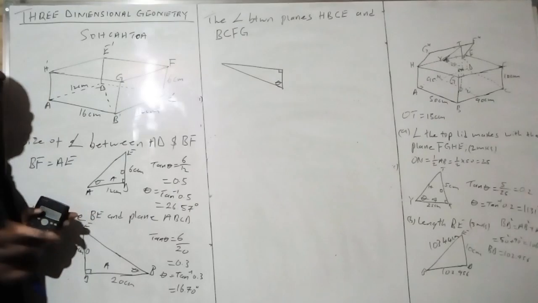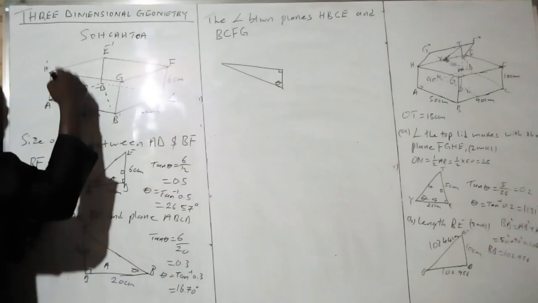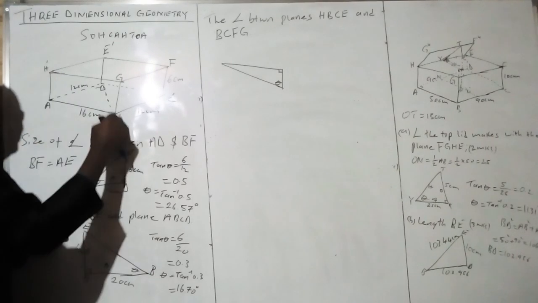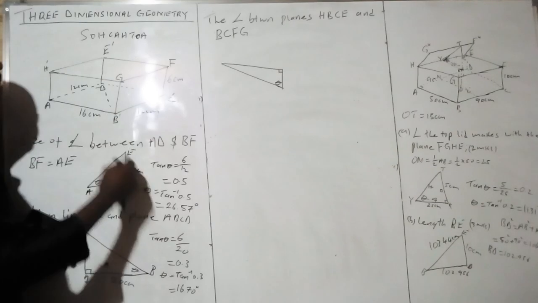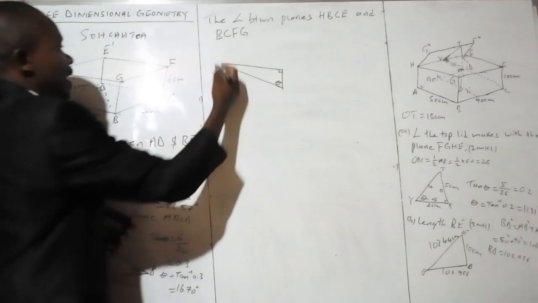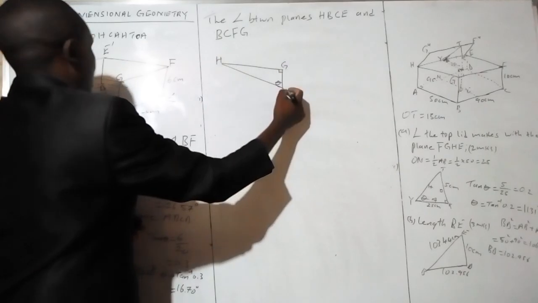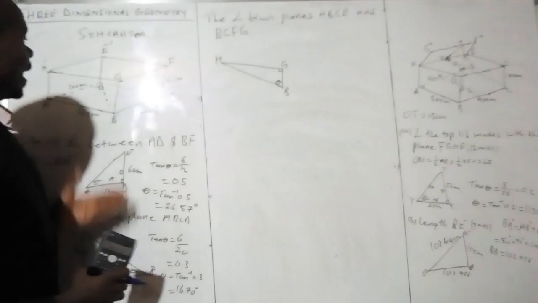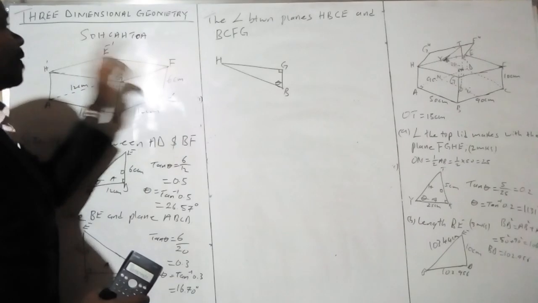Triangle HAB side, then triangle HGB aside. So we can say H, G, B, like that. And this plane B, C, F, G.